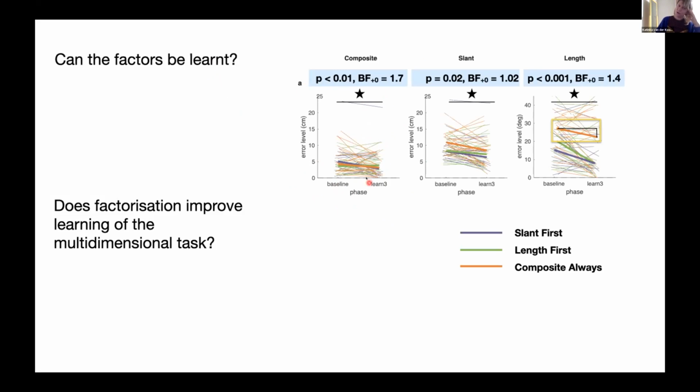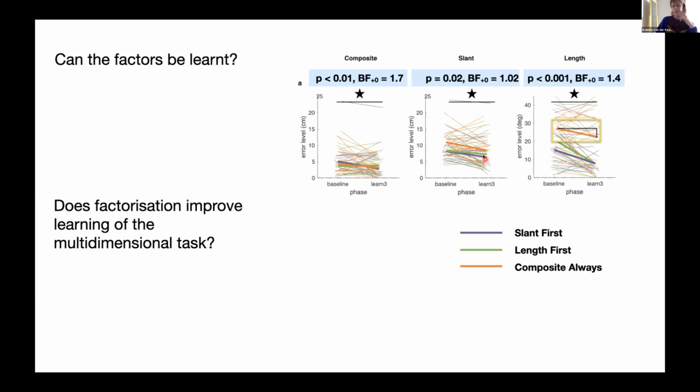You see there's a lot of variability between participants. Therefore, the effects are difficult to see. A Wilcoxon signed-rank test showed, however, that the composite task could be learned. The Bayes factor showed that the evidence was only anecdotal.